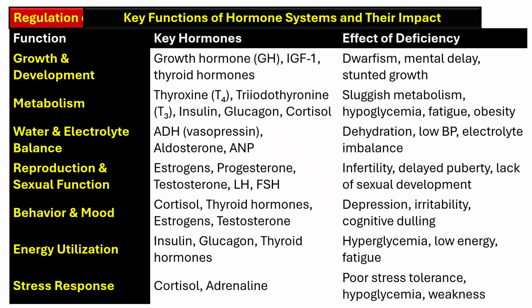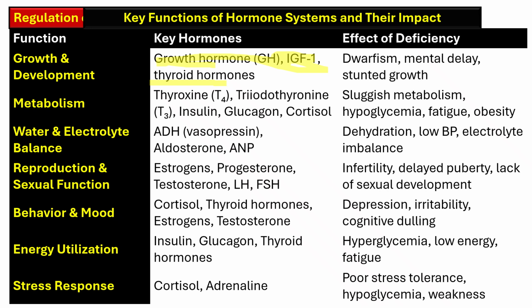So this table is summarizing the major effects of these endocrine organs. Here you can see that growth and development is dependent on the endocrine glands, and insulin like growth factor, growth hormone, and thyroid hormone are responsible for growth and development.